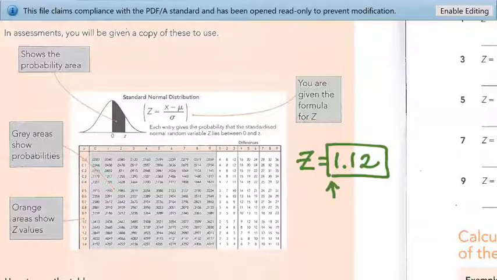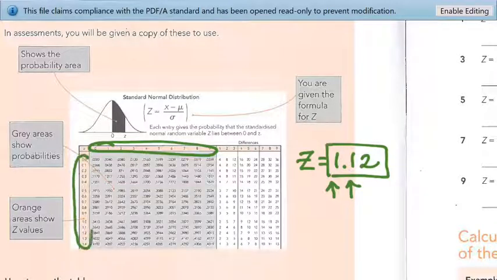The 1 I'm going to read across the top. Do you see that these are whole numbers? The first decimal point I'm reading up and down there. On this one, it says the opposite.